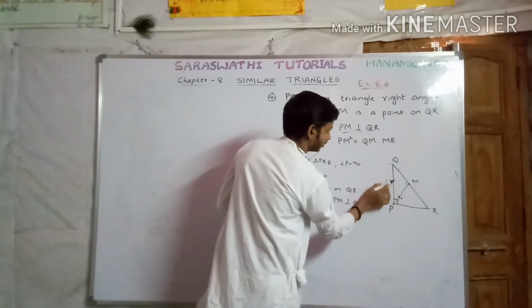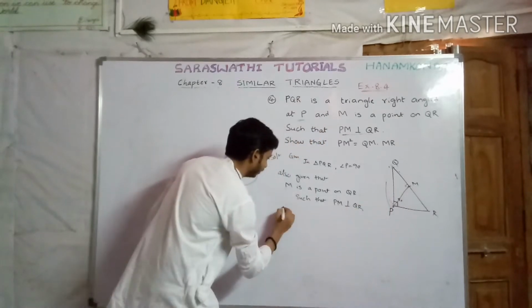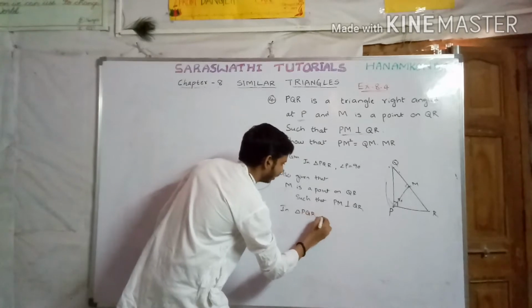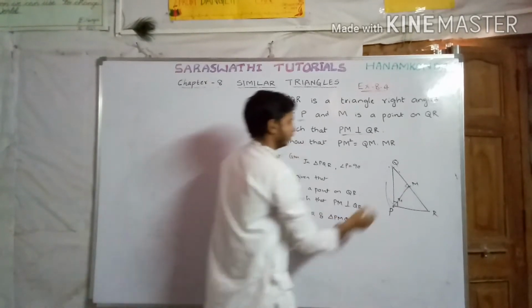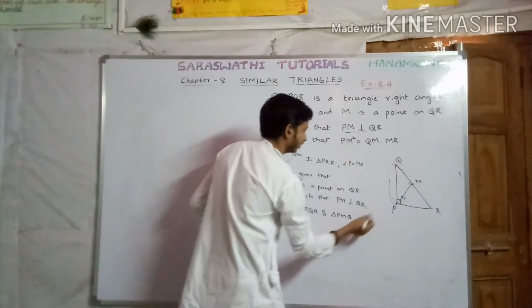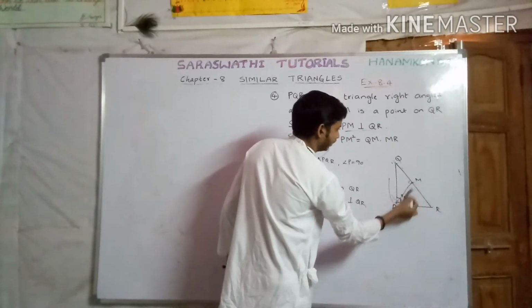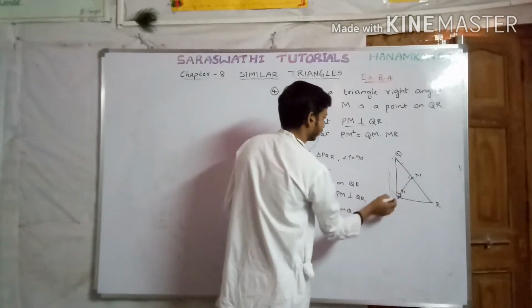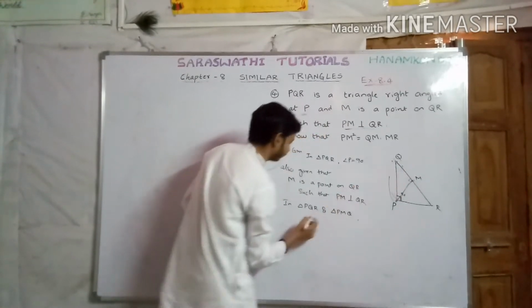Okay, so first consider triangle PMQ and triangle PQR. In triangle PQR and triangle PMQ, both the triangles have angle Q as common.